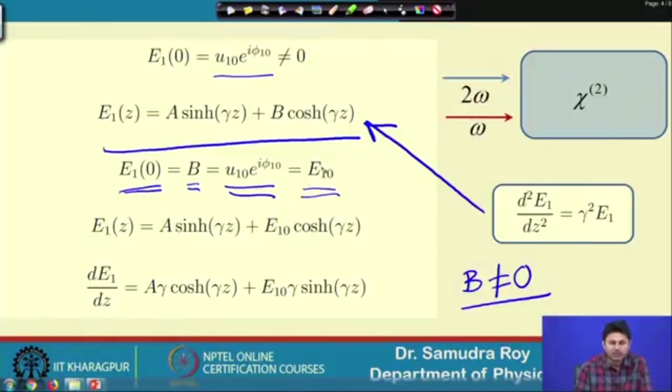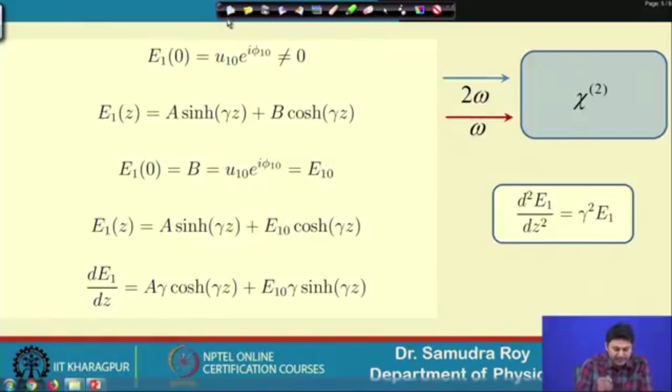In order to do that, the next thing that we need to do is, this is now the total field. In place of B, I now write E10 because B is equal to E10, and then we make a derivative of this quantity.